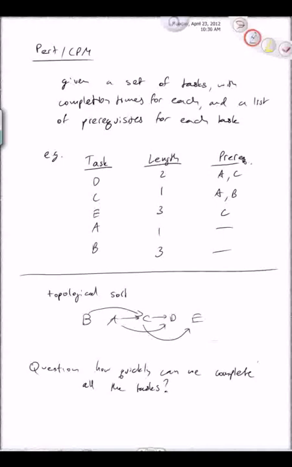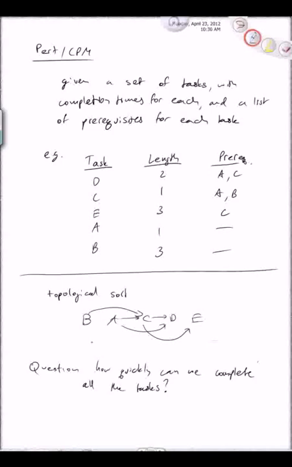So that's the basic question that we're going to try to answer. And answering this question is somewhat subtle because you can't just add up all the lengths of these tasks because we might be able to process a couple of tasks in parallel. So for example, we could work on task B and on task A at the same time. So we have to be a little bit more careful.